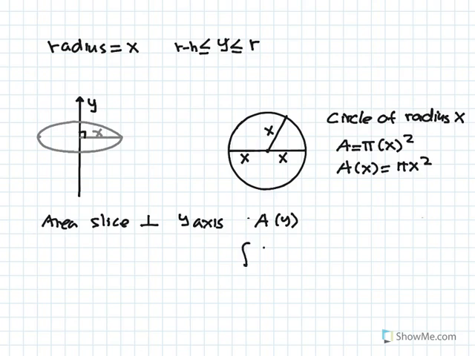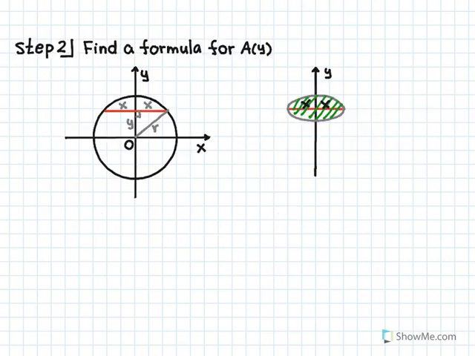So we have to integrate A of y dy from r minus h to r to find the volume of the spherical cap. Here we've drawn one of these cross-sectional slices with radius x, and we're going to integrate from r minus h to r.